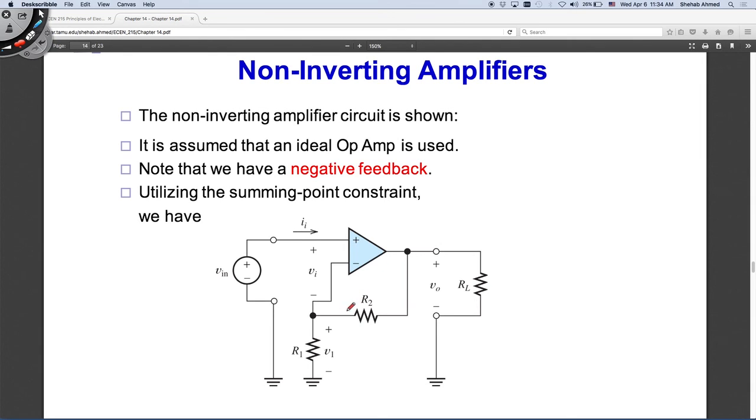Now I will go and put this. Remember, without R2, the output was the open loop gain multiplied by V input. It's a big positive number, right? I took this big positive number and I fed it back.